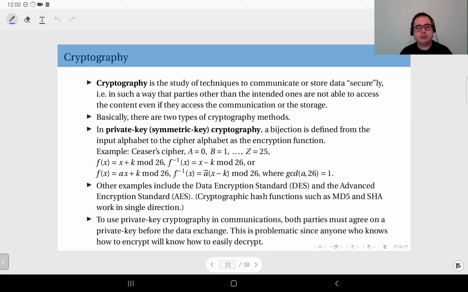A very typical and simple example is the Caesar's cipher. Here you just assign numbers to the letters. For instance, using the English alphabet, you can assign 0 to A, 1 to B, etc., up to Z. And you can define the function as a shift cipher. So this we call a shift cipher.